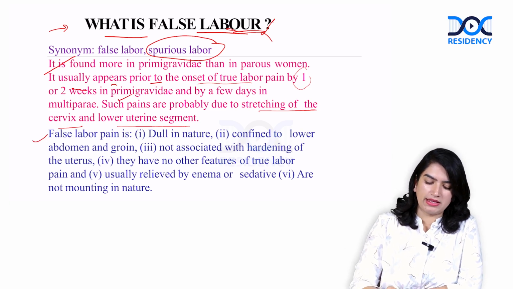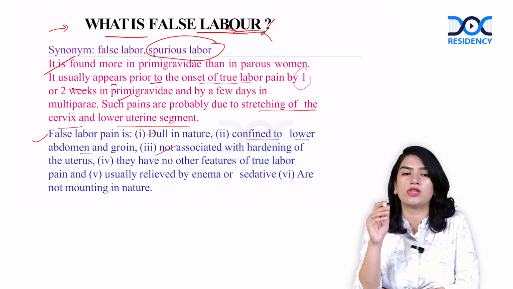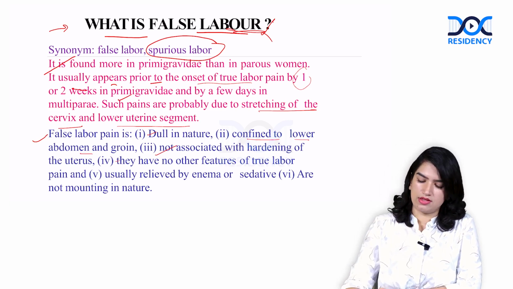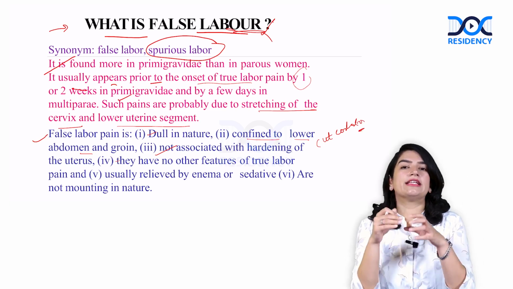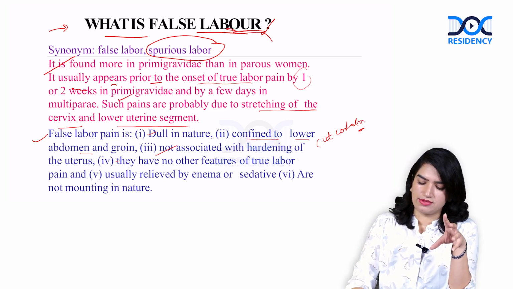So, false labor pain is dull in nature. It is confined to the lower abdomen and the groin. It is not associated with hardening of the uterus or uterine contractions. There are also no other features of true labor pains, for example, presence of show or formation of bag of waters.